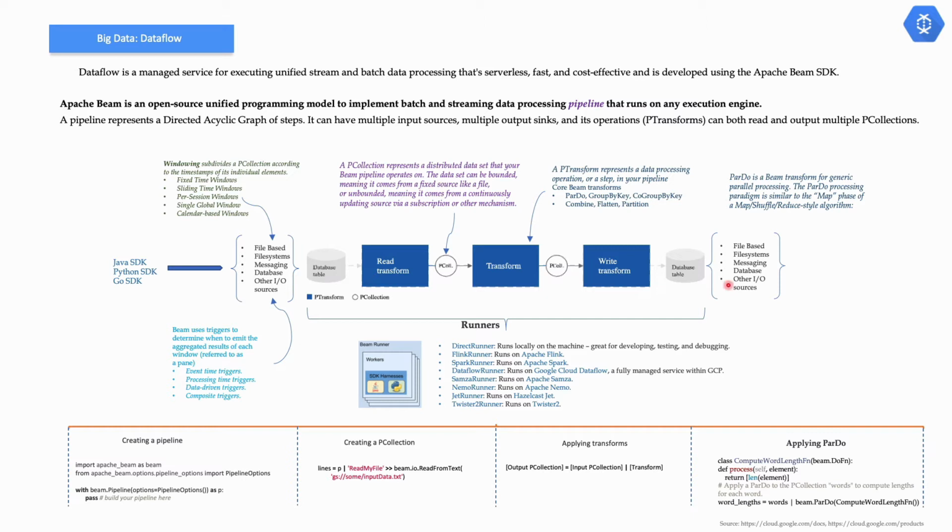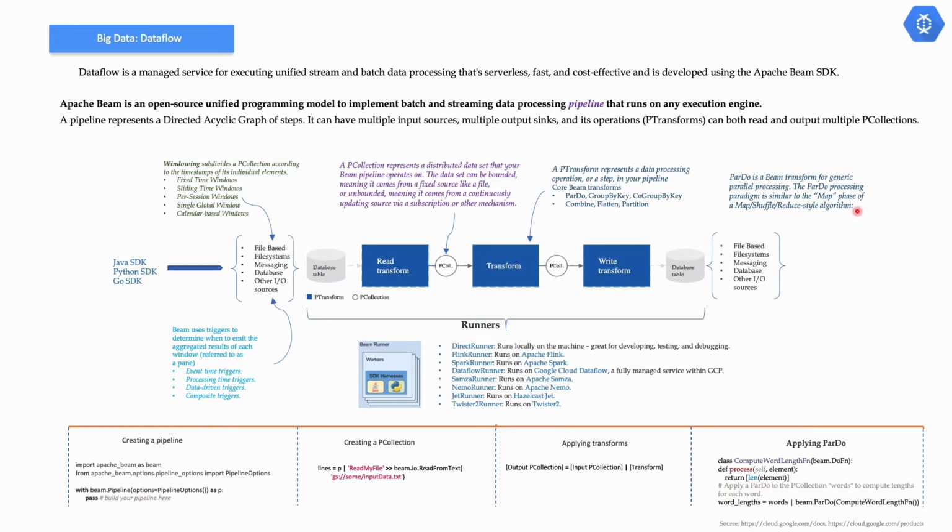Now, we did talk about that when it does the PTransform, it can do a lot of different kinds of transformation. One of them was ParDo. Now, ParDo is a Beam transformation for generic parallel processing. The ParDo processing paradigm is similar to the map phase of a map-shuffle-reduce style algorithm.